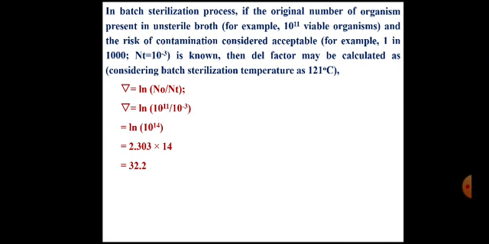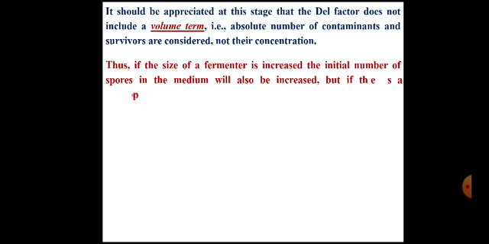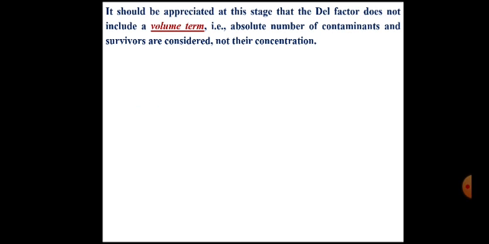So there is no volume term mentioned here. So the absolute number of contaminants and survivors are considered and not their concentration. This is very important to note. 10 raised to 11 cells is an absolute number. When it is per ml, then that will be called concentration. So here there is no mention of concentration.